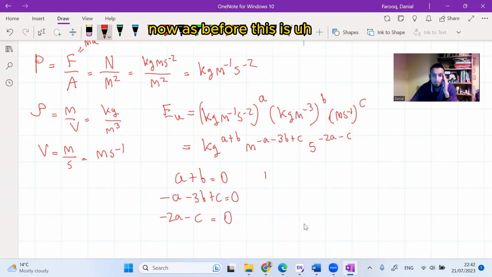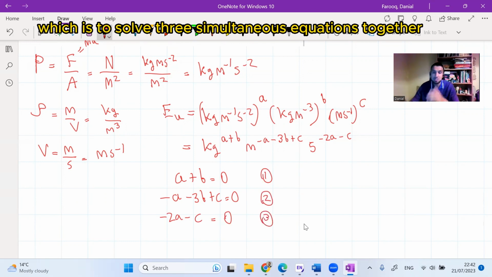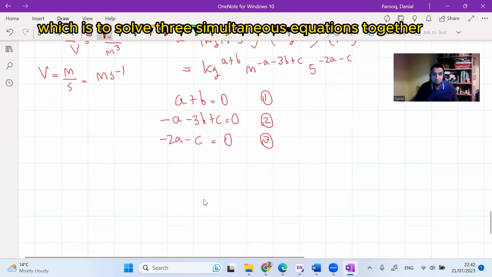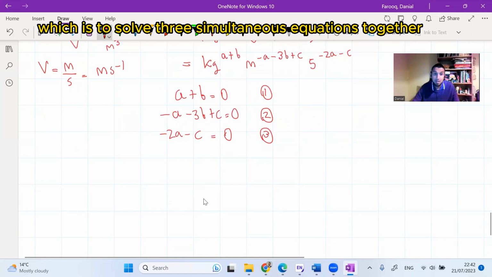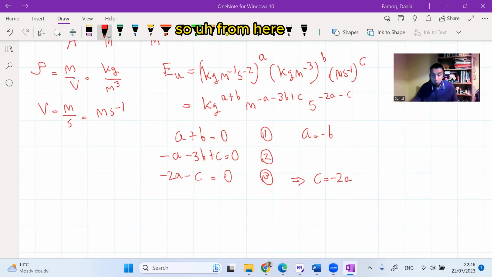Now, as before, this is something they wanted to be able to do in PAT, which is to solve 3 simultaneous equations together. Equation 3 can simply become C equals to minus 2A. So from here, we can just let A equal to 1. If A equals to 1, then B will equal to -1.